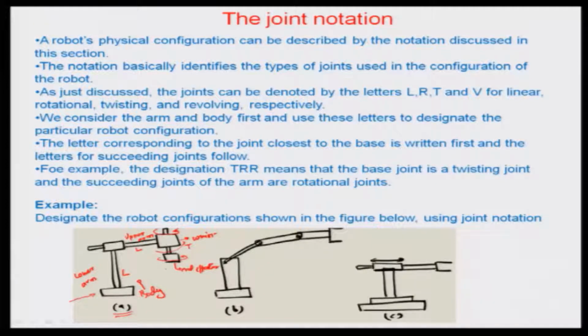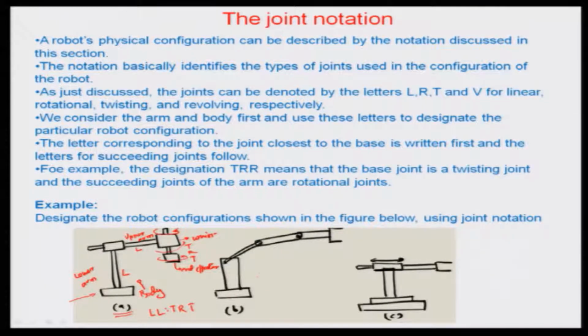So, you have a twisting, rotating, twisting configuration. In fact, we represented this joint notation as linear lower arm, linear upper arm, twisting wrist, rotating wrist, and twisting end effector.